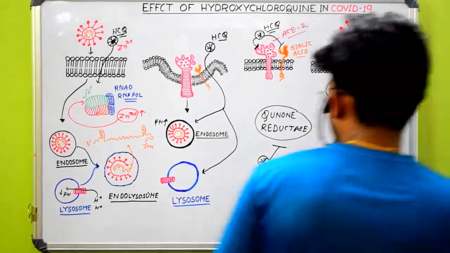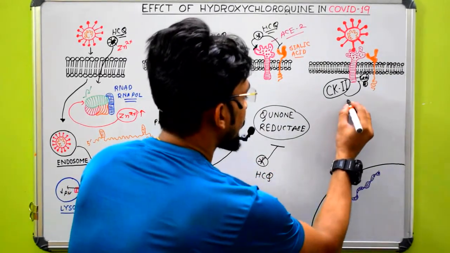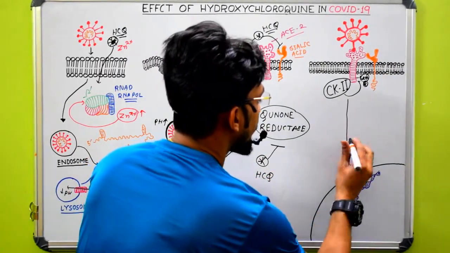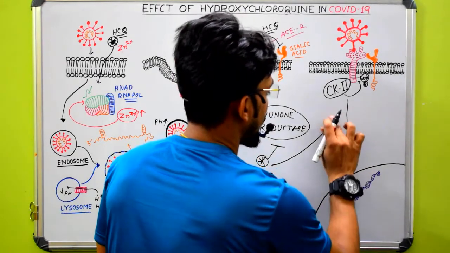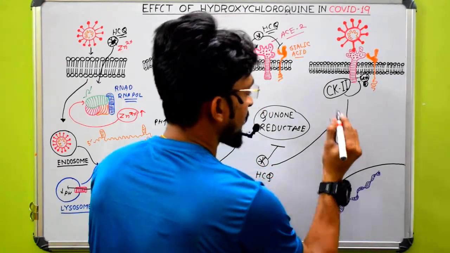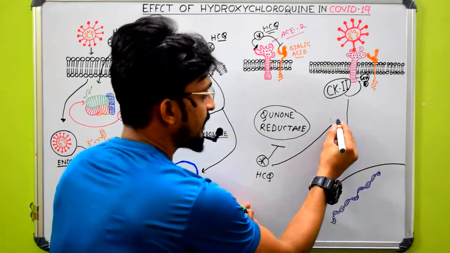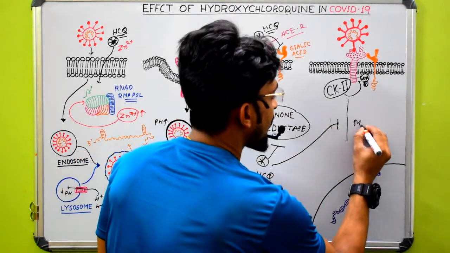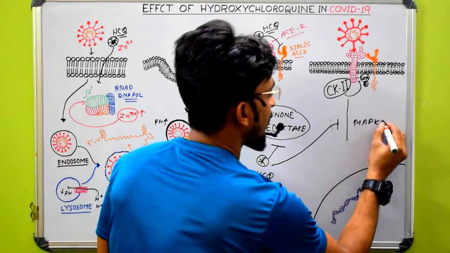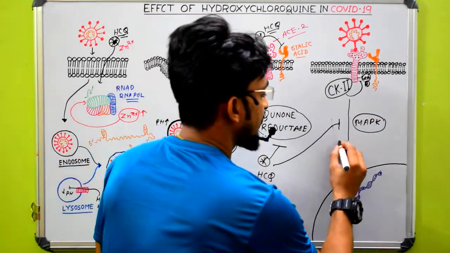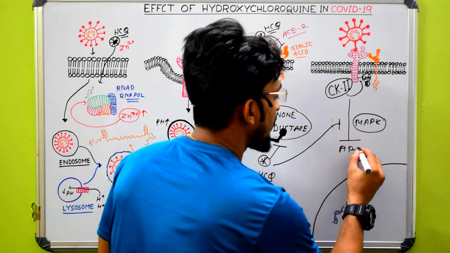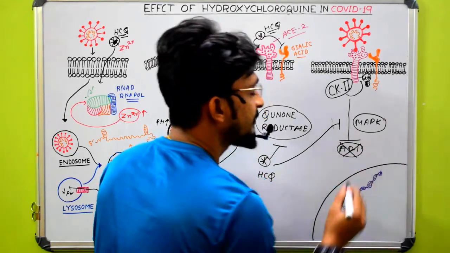Okay, so ultimately this hydroxychloroquine is blocking the MAP kinase signaling pathway. As a result, the AP1 cannot be activated.